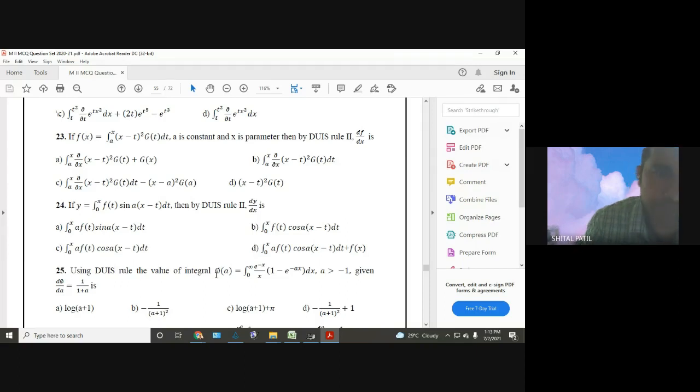Question number 24. Let me change the page. What is given, y?